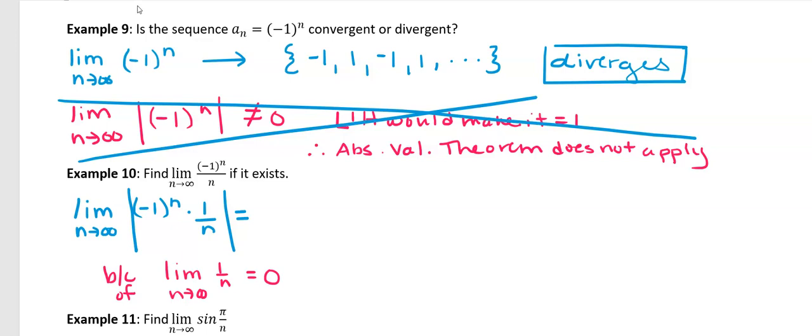So 0, even times a -1 or a +1, is going to give me 0. So the absolute value of this limit process is going to give me 0. So now I know that the absolute value theorem does apply.